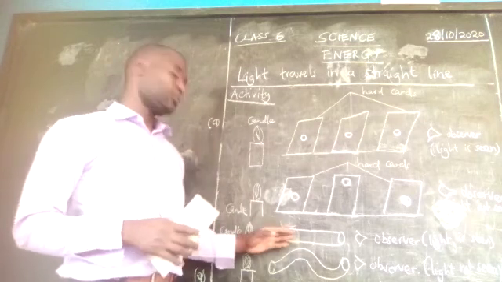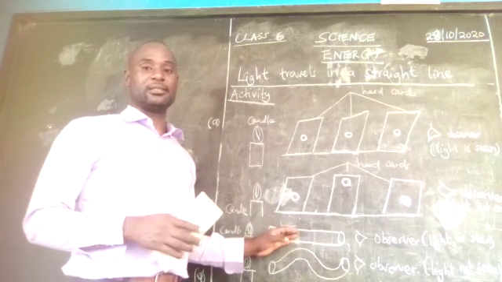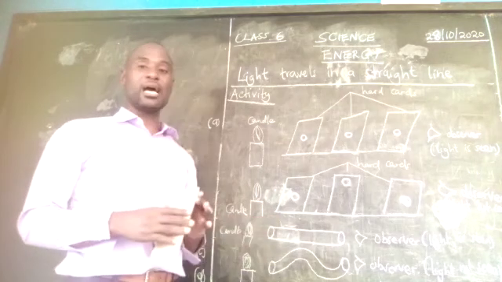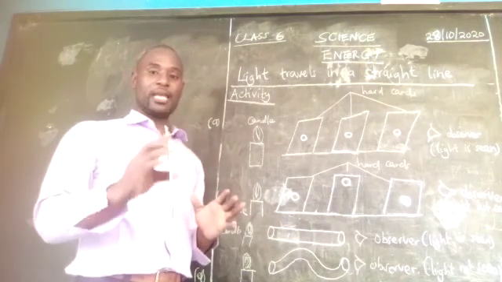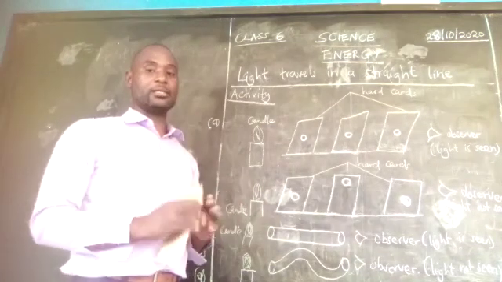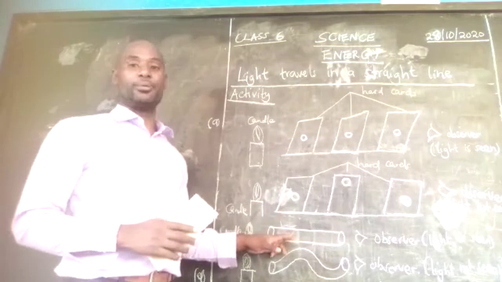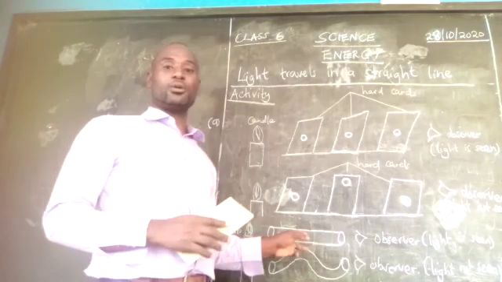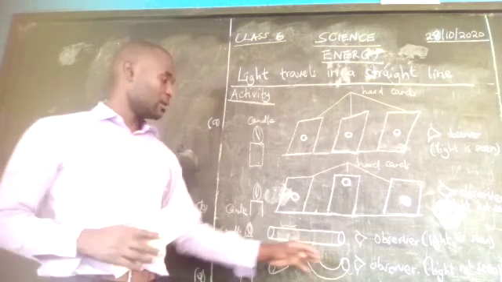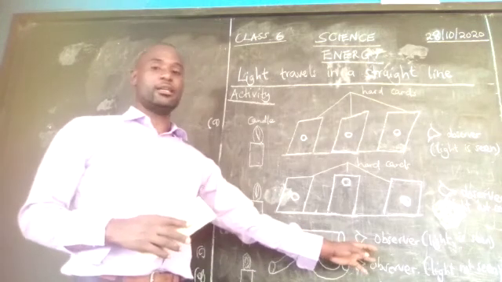The pipe must remain straight. So without folding it, observe the source of light from one end. Now, in our first pipe, you will realize that you are able to observe light from the other end.